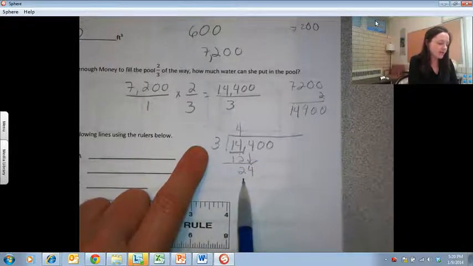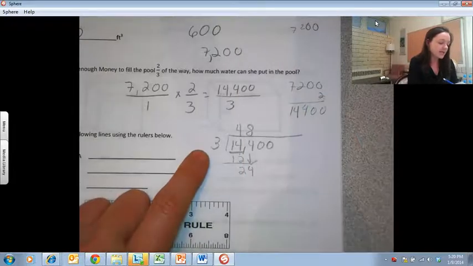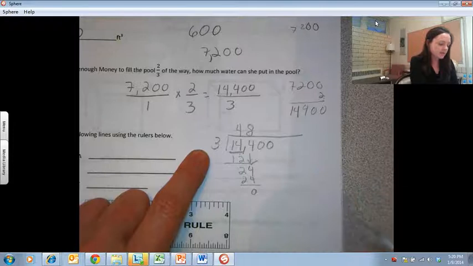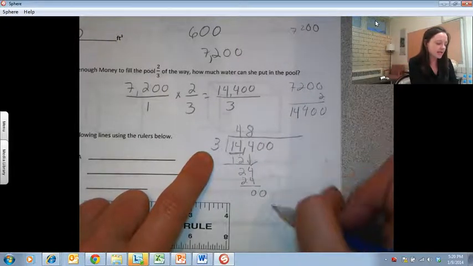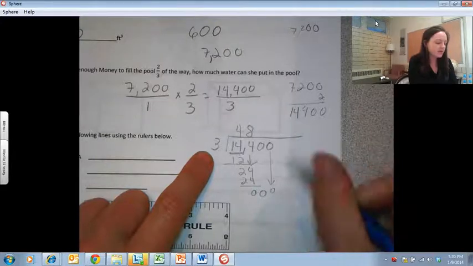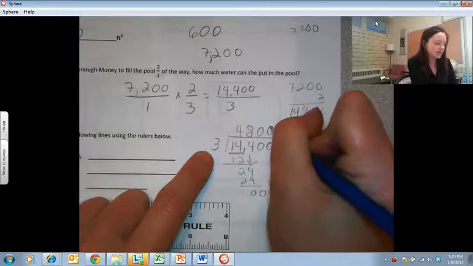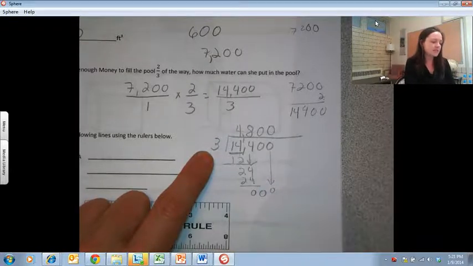Now I have 24. 3 can go into 24 8 times evenly. 3 times 8 is 24. I have 0 left over. I'll bring down my other 0, and 3 cannot go into 0, so I'm just going to put 0 up here. So 3 goes into 14,400 evenly 4,800 times.